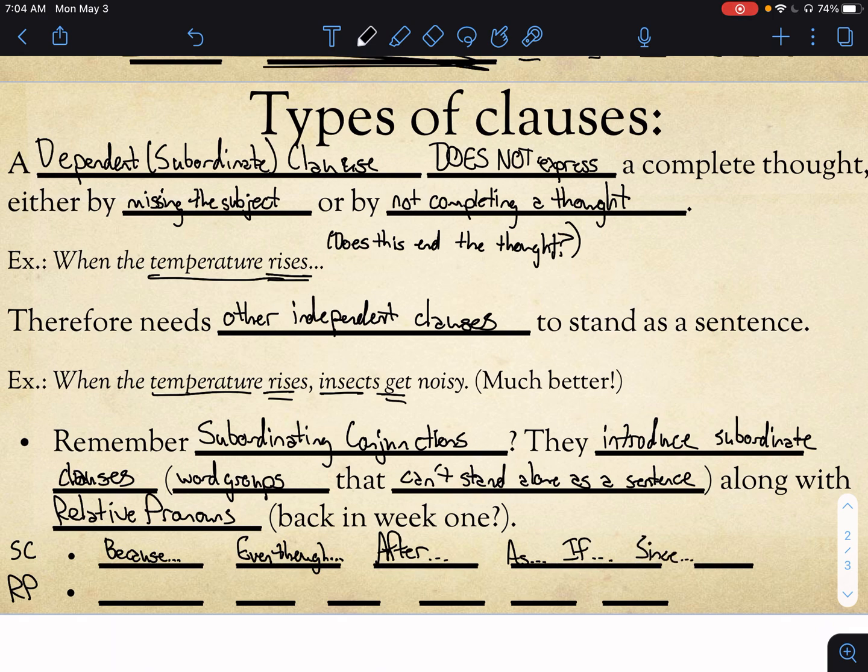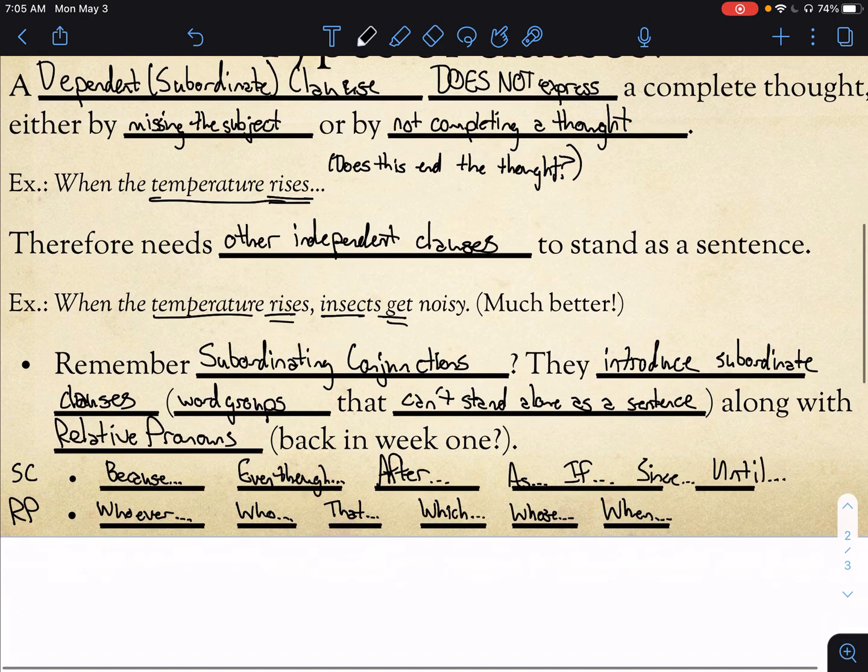Since I have fewer dashes than I have examples. Until, or those relative pronouns, whoever, who, that, which, whose, and when. So those are some examples of subordinating conjunctions and relative pronouns.